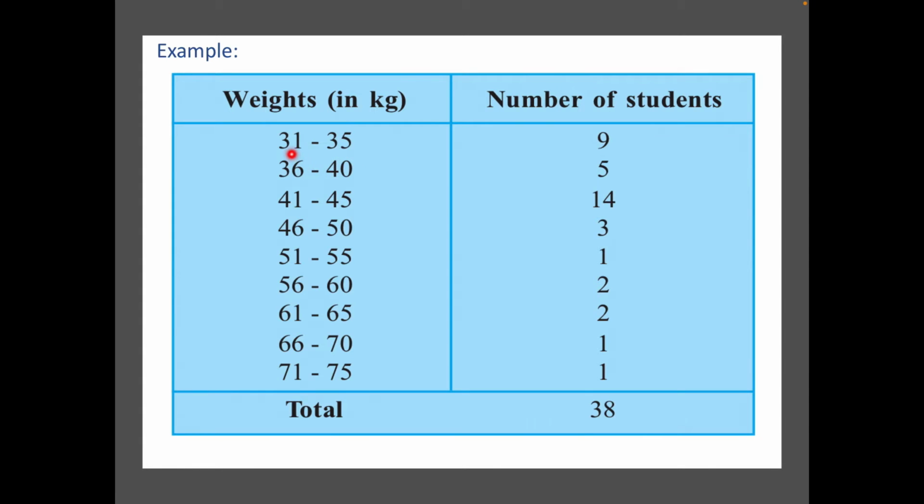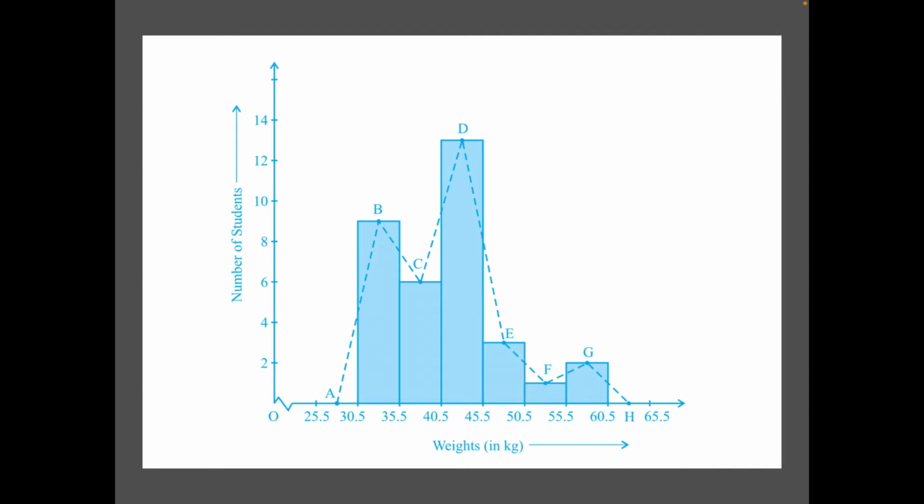So first of all, to draw a frequency polygon, we need to convert it into continuous form, that means exclusive one. So the first class will be 30.5 to 35.5 and the last will be 70.5 to 75.5. And these are the frequencies, number of students. First of all, we will draw a histogram, and then we will mark the midpoints of the bars, that means the rectangles.